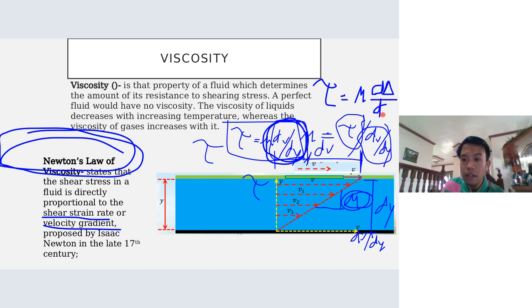So that's the, what do you call this? Delta. Yeah, thank you. d delta over dt. Okay. So the rate of change of the strain with respect to time.